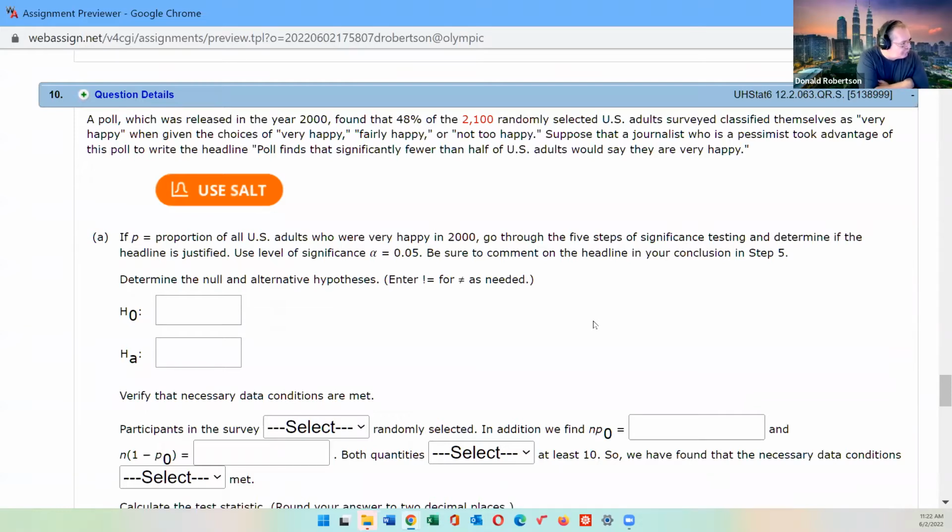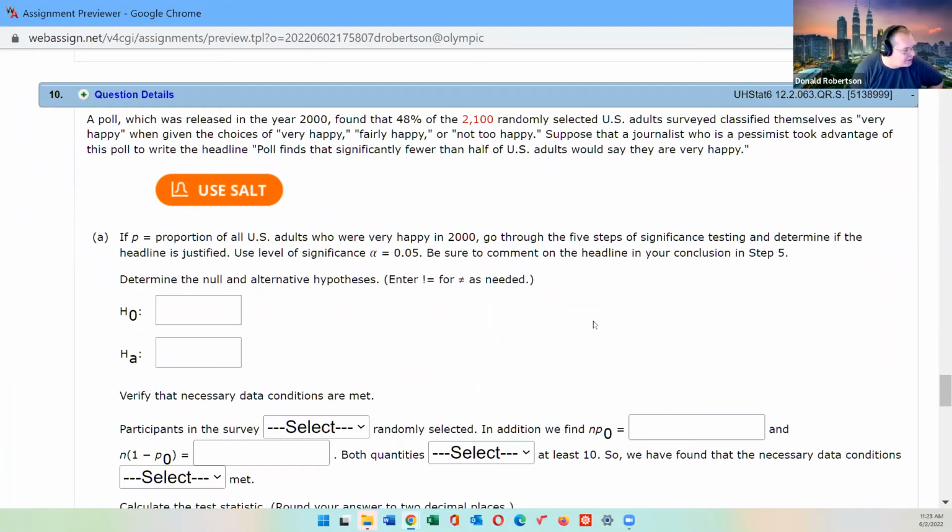A poll was released in the year 2000, and it found that 48% of 2,100 randomly selected American adults classified themselves as very happy, and it tells you the choices.